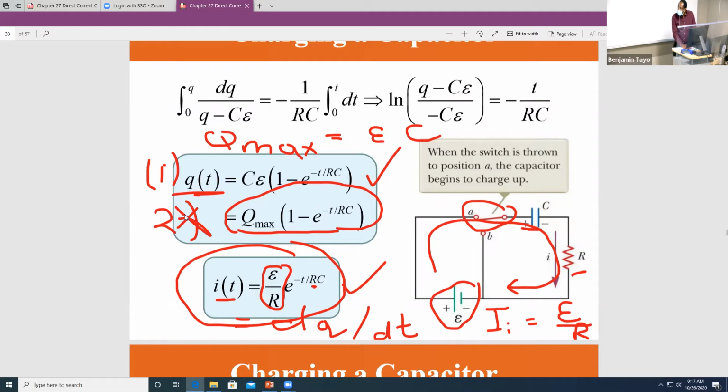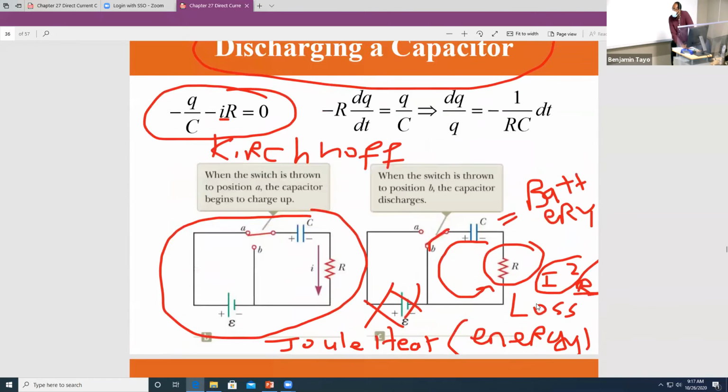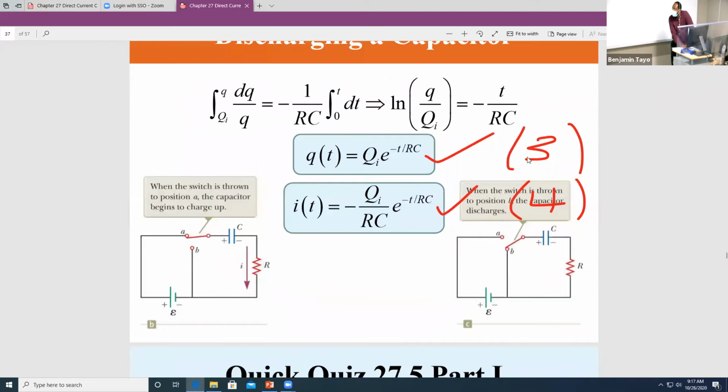Equation number 1 is the charge on the capacitor. Equation number 2 is the current. Remember that this is when you're charging the capacitor, right? So 1 and 2 is when you're charging the capacitor, and then 3 and 4 is when you're discharging the capacitor. So you want to know that difference.